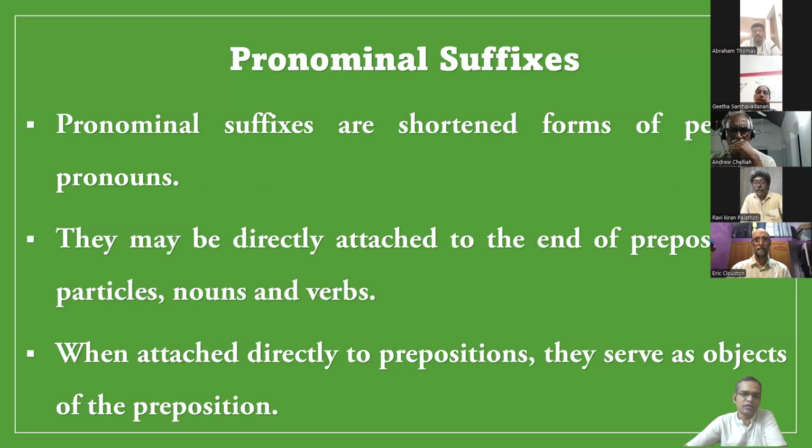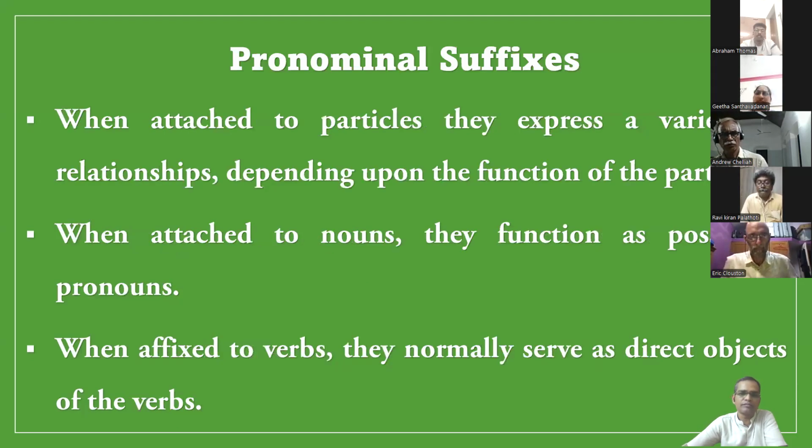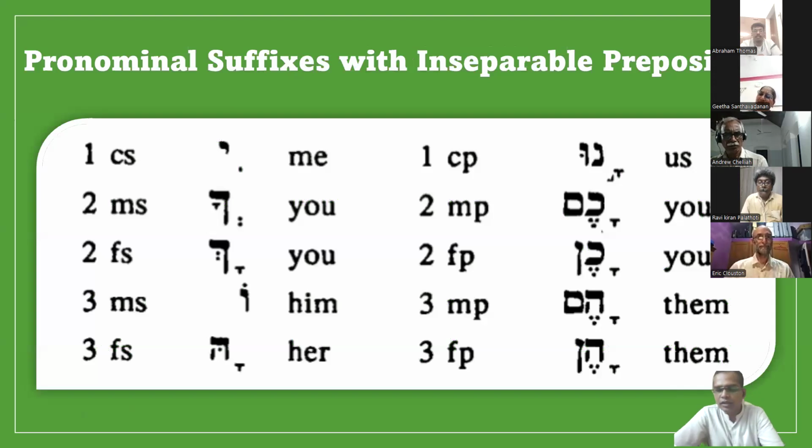Our concentration today will be more on the pronominal suffixes with prepositions and with nouns. First, the pronominal suffixes with the inseparable prepositions. These are the endings that you will see with the inseparable prepositions. First common singular, hireq yod, meaning me.